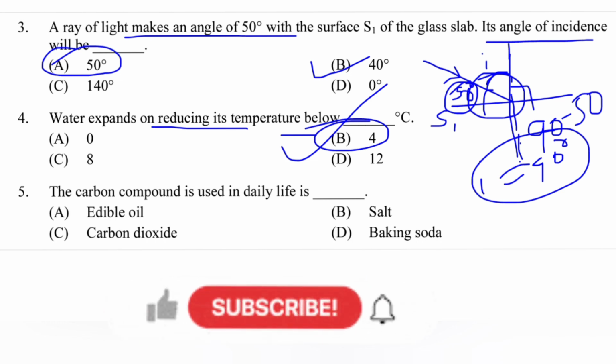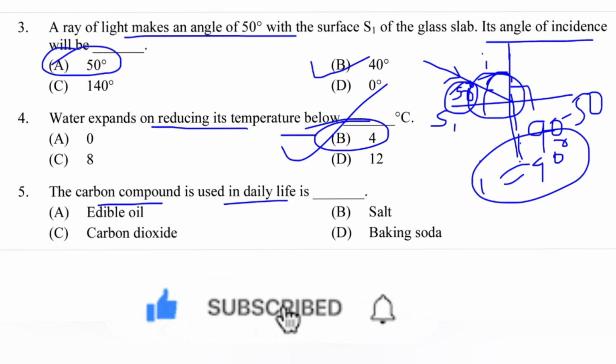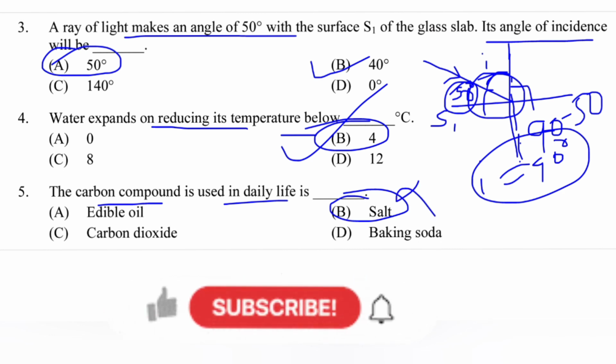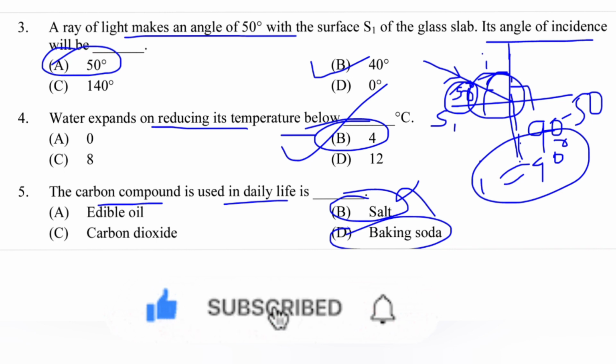Now next question, the carbon compound used in daily life. Now we will check what different carbon compounds there are. Is salt also a carbon compound? No, it is not a carbon compound. It is an ionic compound. Then what is baking soda? Yes, baking soda has a carbonate component. And carbon dioxide, that is CO2, is also a carbon compound. Edible oil is also a carbon compound.